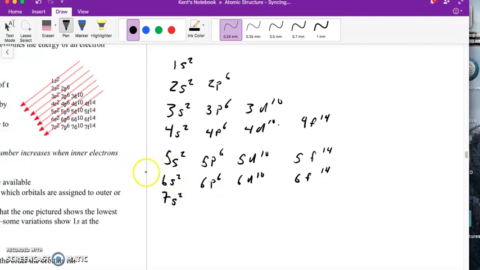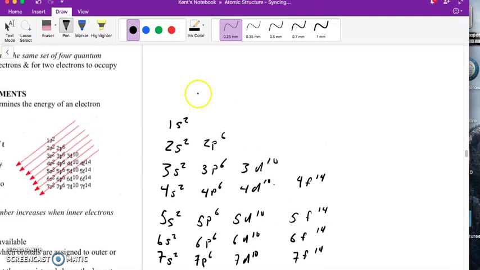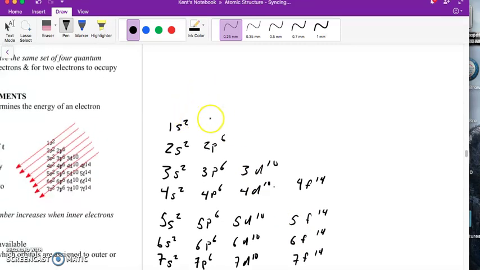I know I'm recreating this, but I want you to see it. It's easier to see it once as it's happening rather than after it's already happened. So 7p6, 7d10, 7f14.